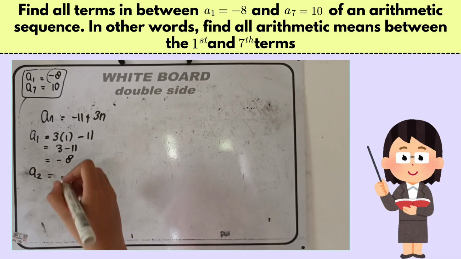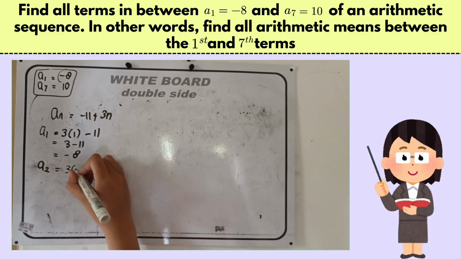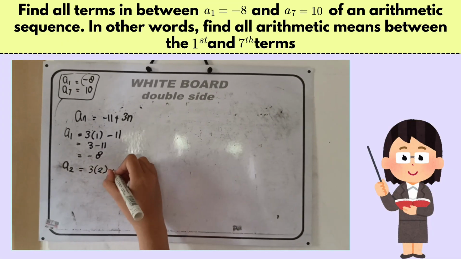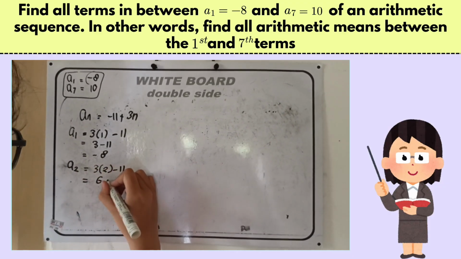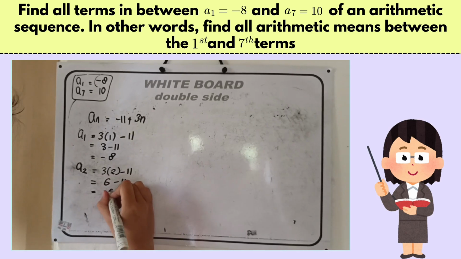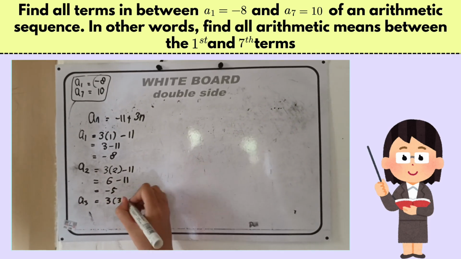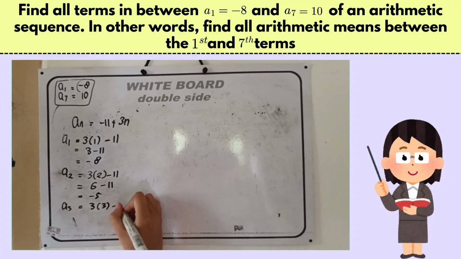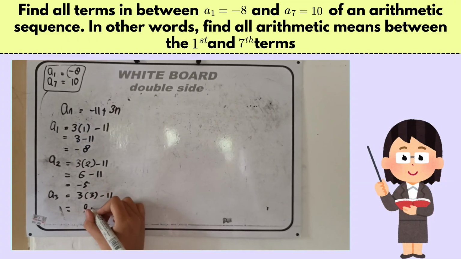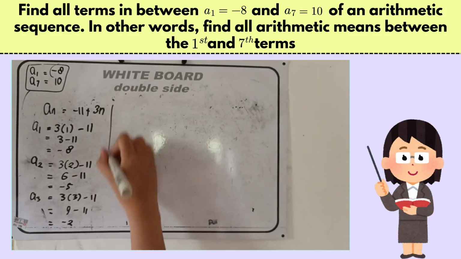Okay guys, remember. Then we continue. 3 multiplied by 2 minus 11, then 6 minus 11, we get negative 5. a sub 3, 3 multiplied by 3 minus 11, 9 minus 11, we get negative 2.